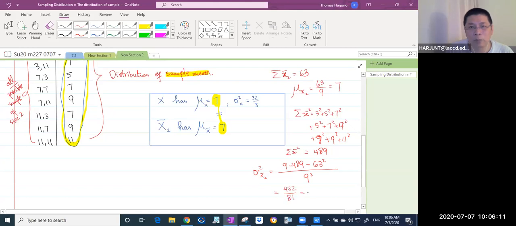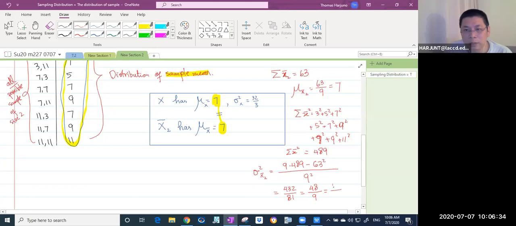If I reduce by 9, I get 48 over 9, and then I reduce by 3.